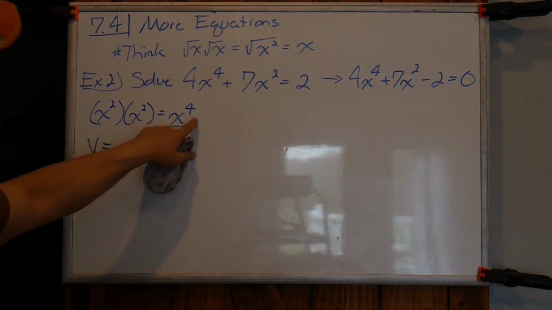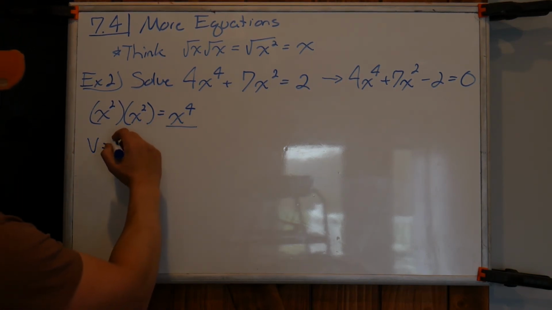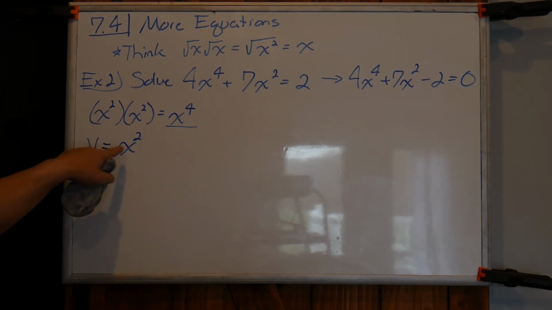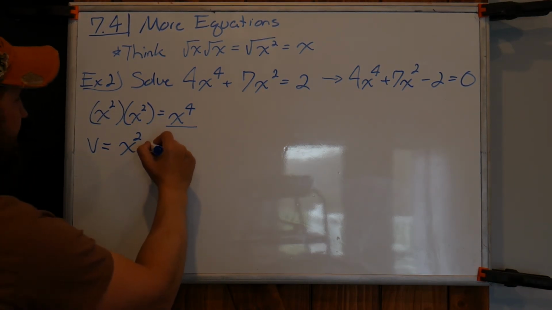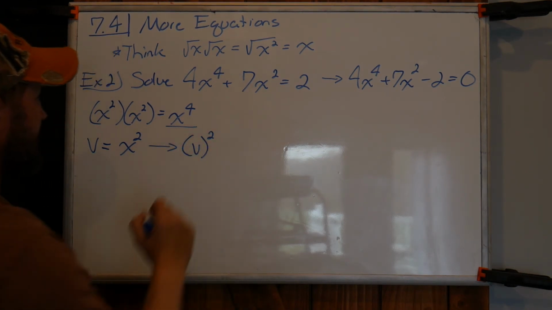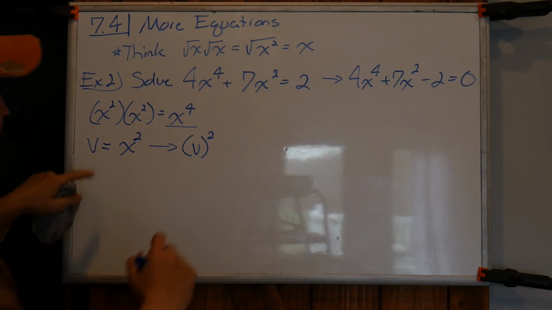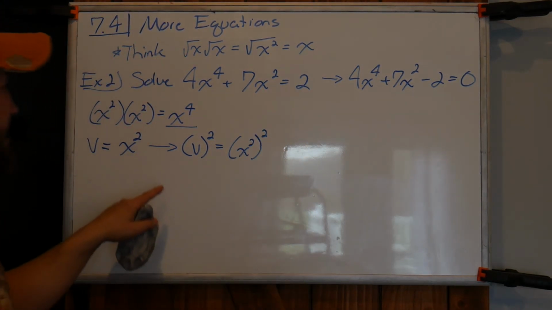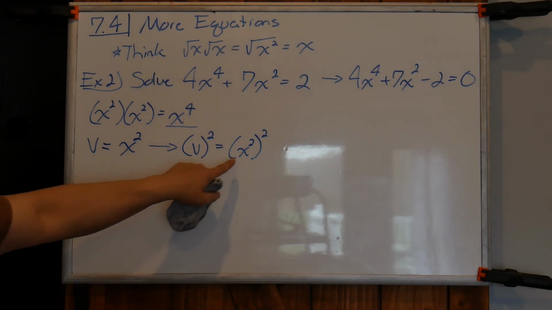x squared times x squared is x to the 4th, which you know is a perfect square. If I make v x squared, now it's underneath here, it'll look better, then I know if I square v, then that's the same thing as squaring x squared.